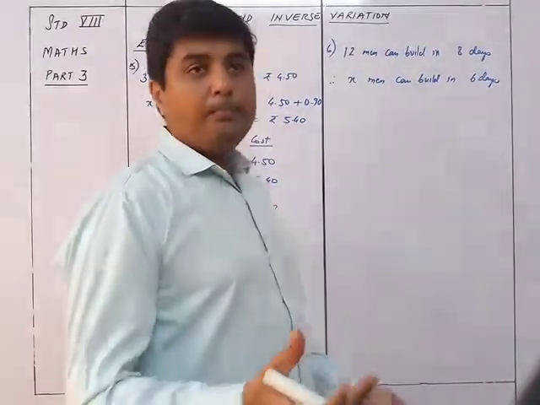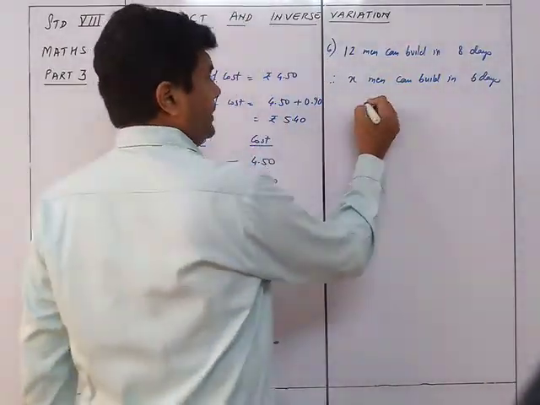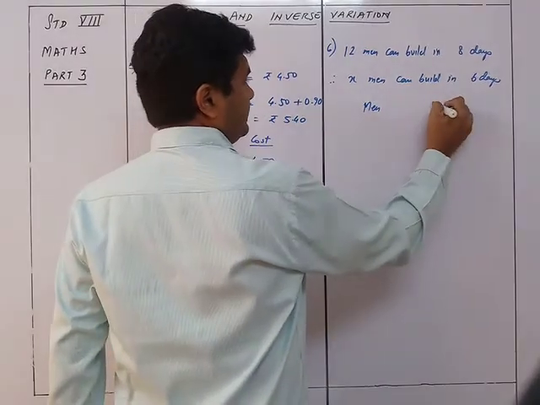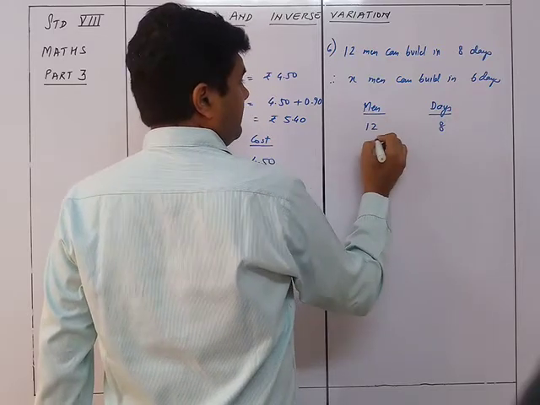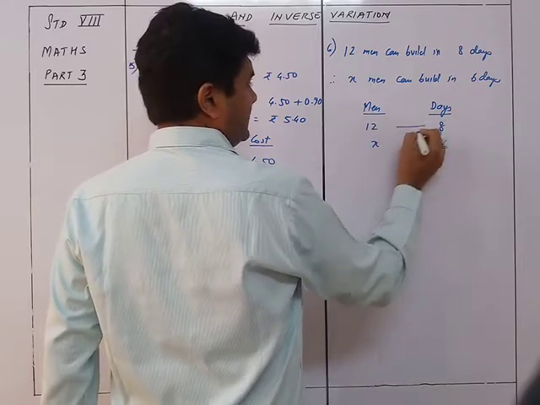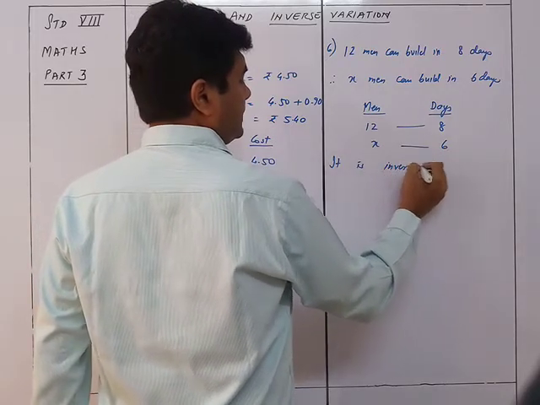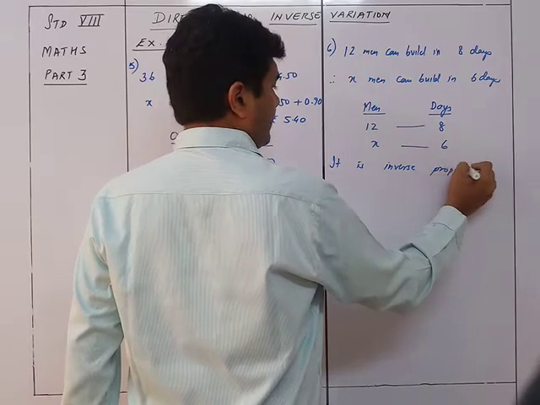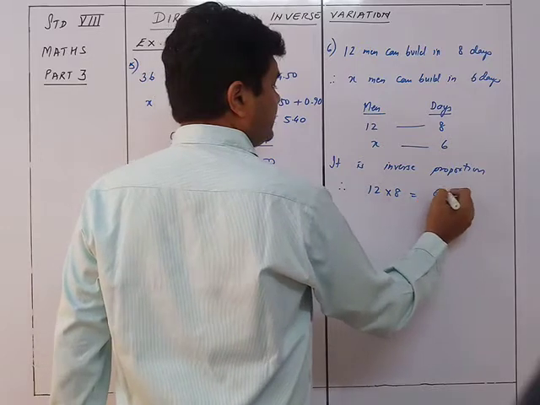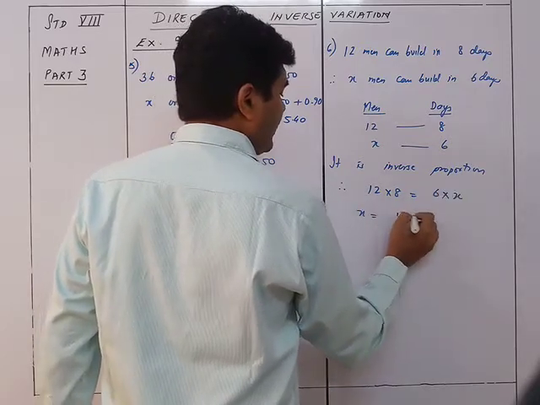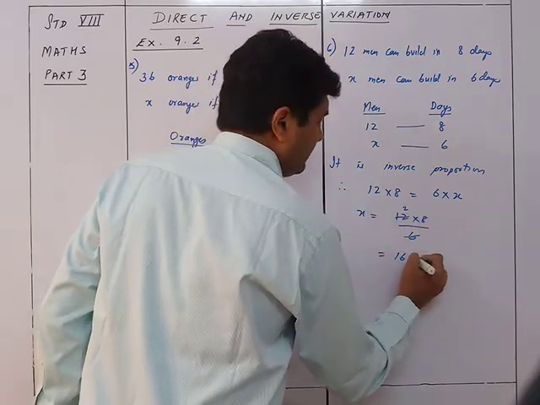So you can know that the more the men, the lesser the time taken. Inverse variation. So we have over here men and days. Men 12, days 8, men X, days 6. It is inverse proportion. Therefore, 12 into 8 is equal to 6 into x. So x is equal to 12 into 8 upon 6. That's going to be 16 men.